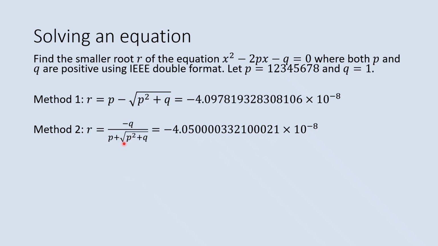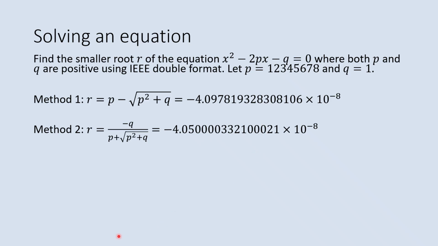And if you write a function to do that version in Python and give it p and q as the input values, then we get an answer that is also negative 4 point something, and there's a 10 to the negative 8, but almost all the other digits are completely different.